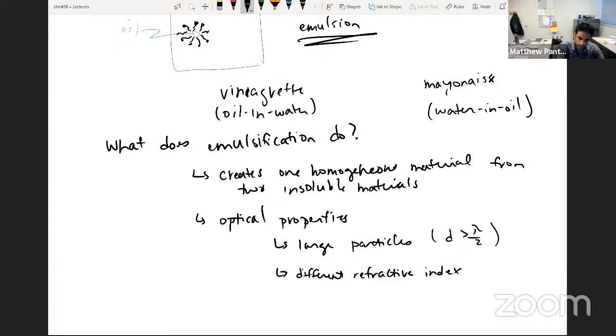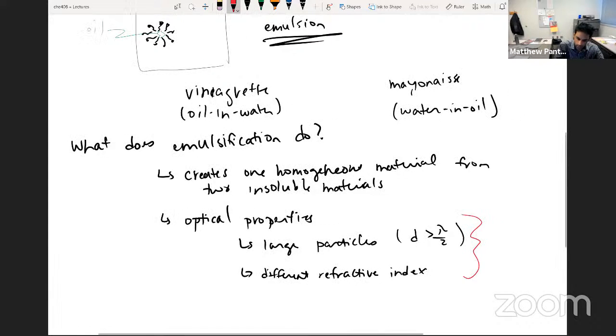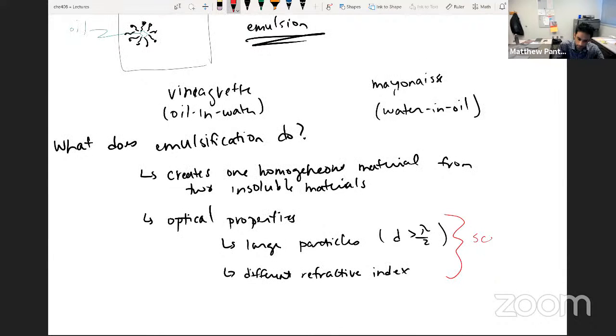So both of these things cause an interaction with light known as scattering, which results in light not passing through in the way that you would expect. It doesn't have a straight path through the material.